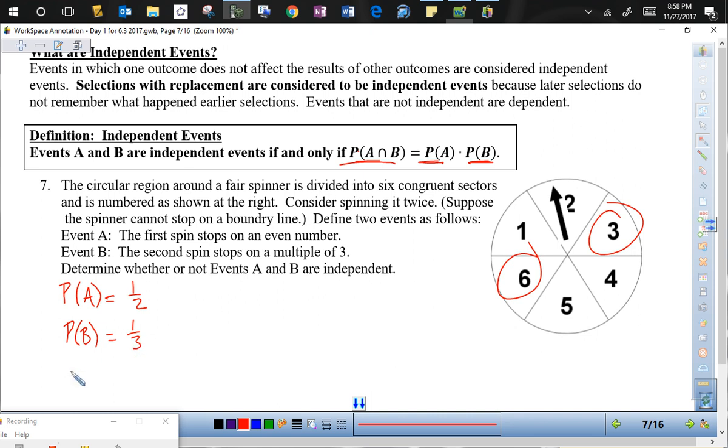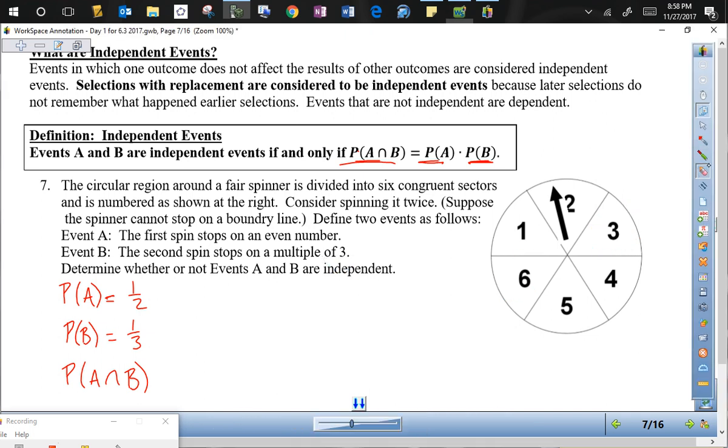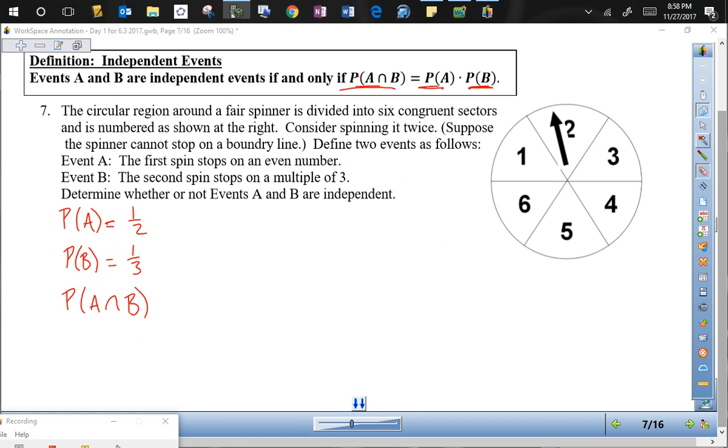The only thing left is to look at their intersection. What I want to know is, what is the probability of the first spin stopping on an even number and the second spin stopping on a multiple of 3 at the same time. So what we're going to do for this is just list out our outcomes that are considered successful.